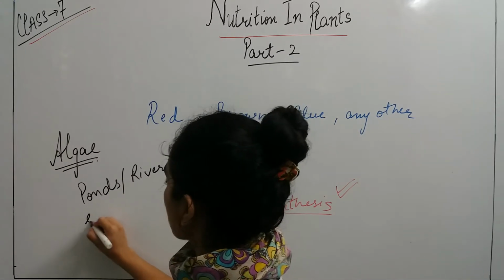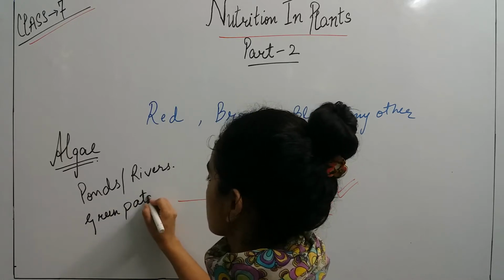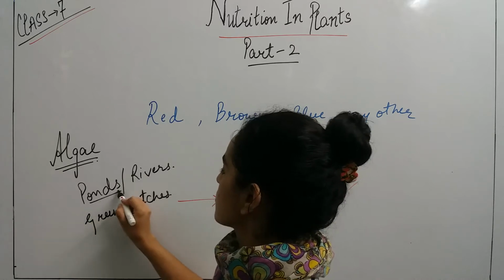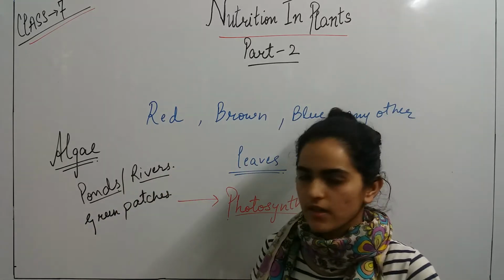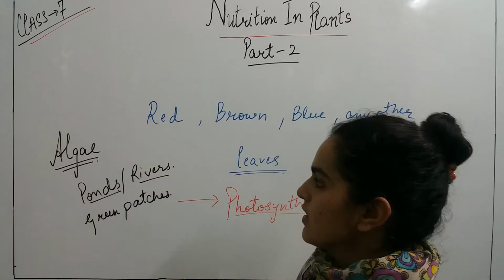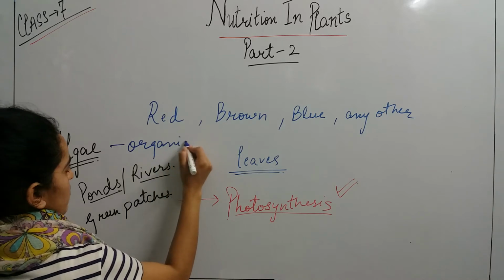Green color के patches बन जाते हैं कुछ, that are easily visible on their surface. So that is algae. This is a kind of organism, like we are organisms.